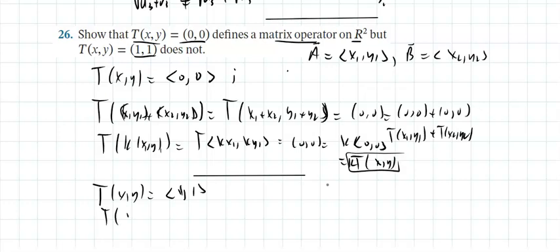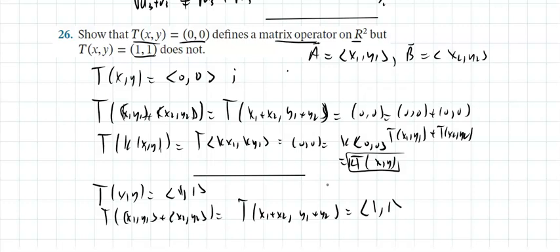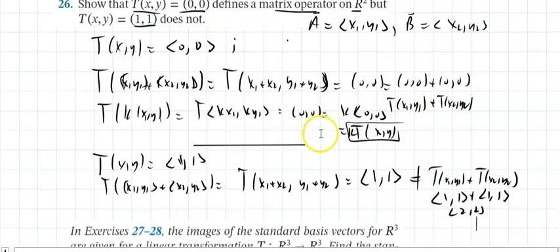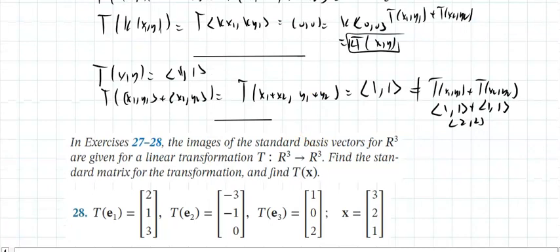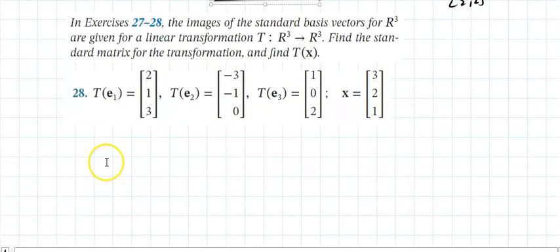If I take T of x1, y1 plus x2, y2, those two vectors, I'll get T of x1 plus x2, y1 plus y2, and that would be, in this case, 1, 1, which does not equal T of x1, y1 plus T of x2, y2, which is 1, 1 plus 1, 1, which is 2, 2. And since that is not equal, this is not a linear transformation. So we're going to stick with those two identities of that theorem.